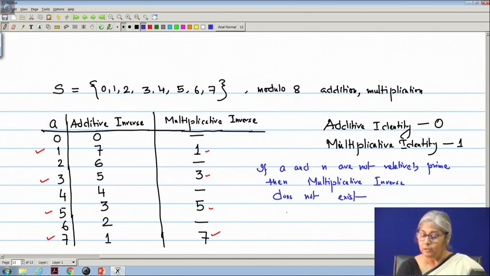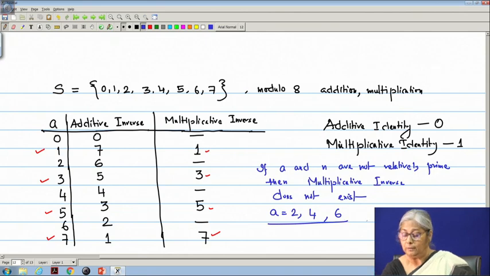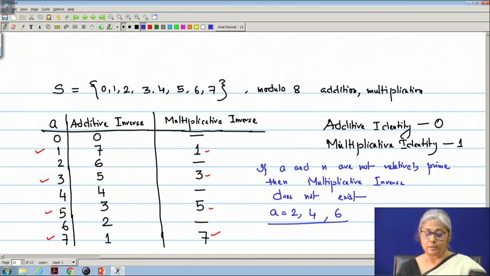And that is for A equal to 2, 4, 6, because 2, 4, 6 and 8, n equal to 8, they are not relatively prime, they have some common factor. So, it is there.